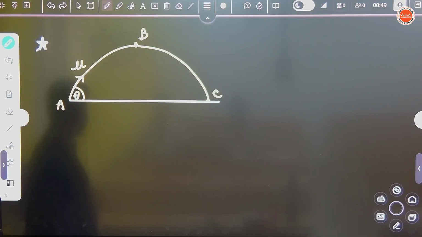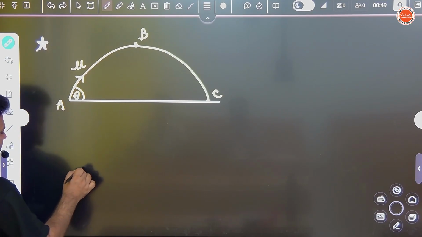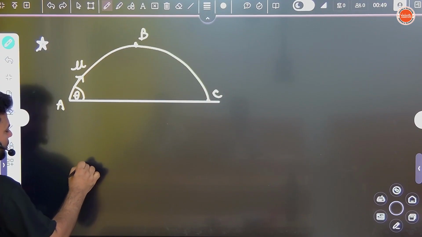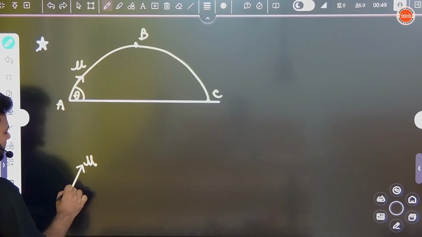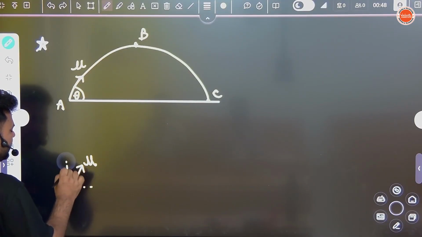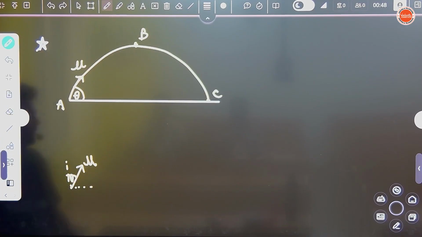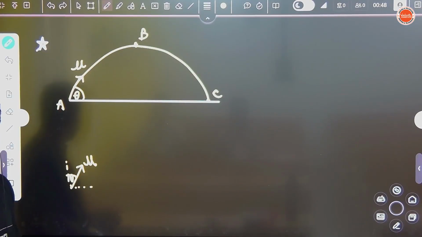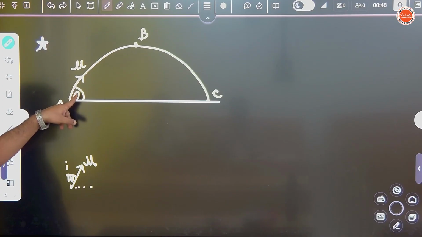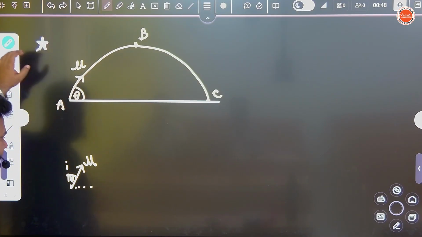Always remember this. Sometimes they confuse. They will give that you are throwing one ball with U speed, making an angle theta here. This angle they will give, and you will apply the formula, you will get the wrong answer. Always remember, theta we always take from horizontal.